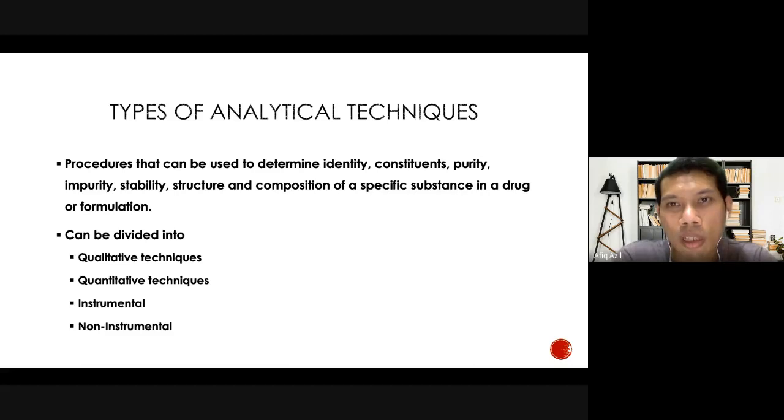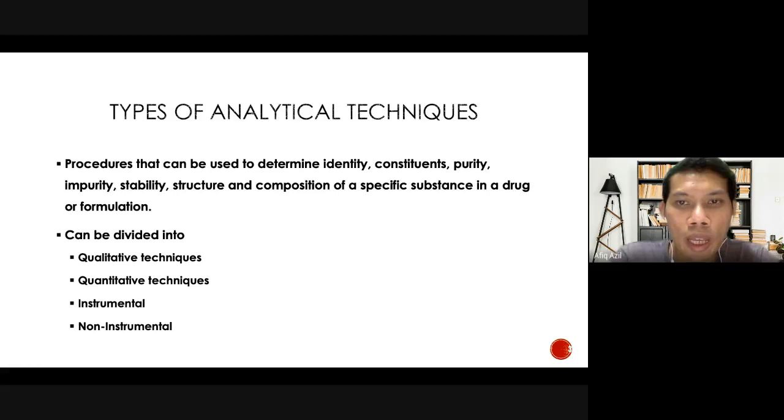Okay, so this is more or less the definition for pharmaceutical analysis, because it focus on the drug formulation itself. When we talk about analytical chemistry, it's very broad. Your sample can be anything. You can take food sample, or you can take water from the drain sample. So to focus on pharmaceutical product, so the name has been changed into pharmaceutical analysis.